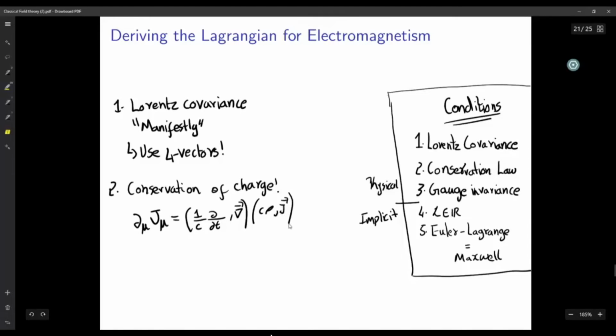So if you just go component wise, it's quite simple to see that dou rho by dou t plus dou dot j. This is the continuity equation that we were seeking.